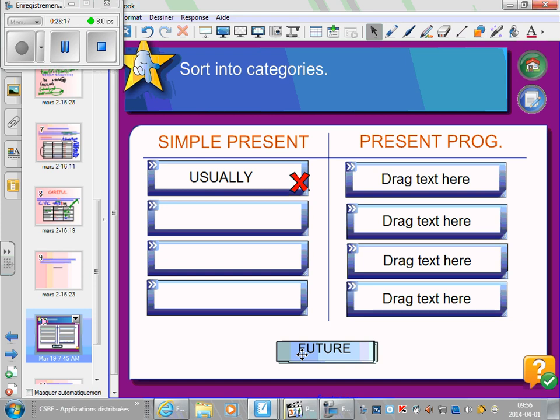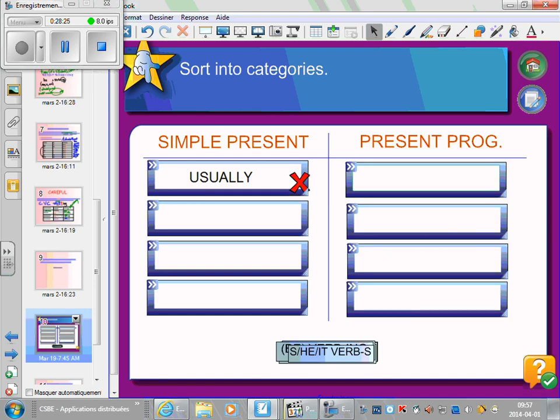Next one, future. Which one depicts future? Present progressive, the one we saw today. Today, we are studying present progressive. I'm not telling you when. It's happening today. It's very, very close future, but it is future. Okay? He, she, it, he, she. Verbs. Which one?